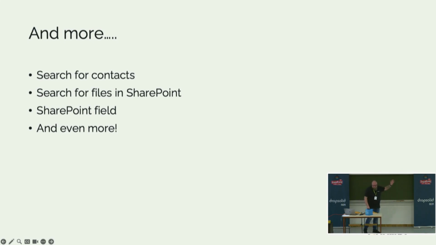What do we have more? We have more submodules. I'm not going to show you everything. Just download the module, check it yourself. You can search for contacts in Microsoft. Those are your colleagues, which are also available in Teams, for instance. And you can send direct messages to them, call them, whatever. You can search for files in SharePoint. We created a SharePoint field.